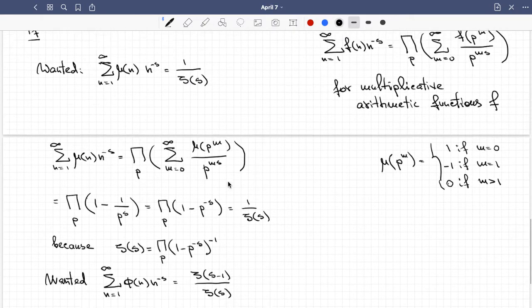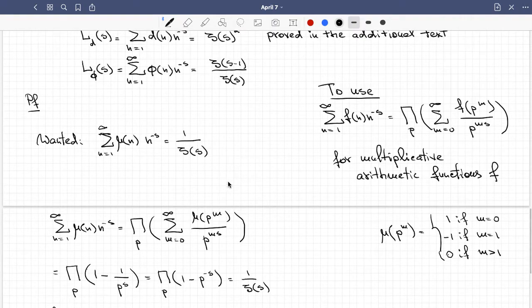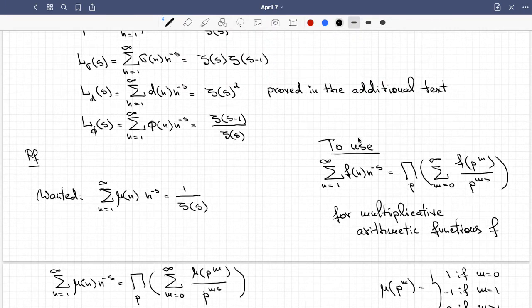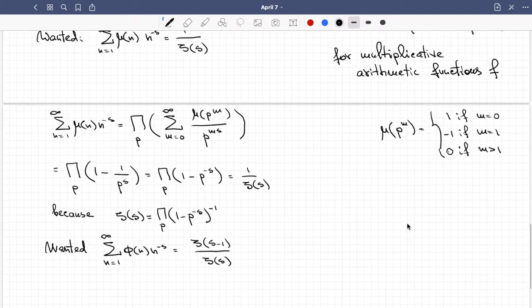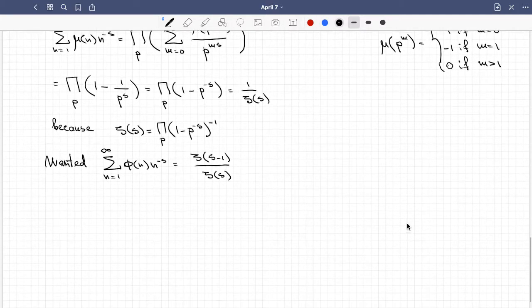We again use Euler's product, this Euler product decomposition. We can do that because the function phi, Euler's function phi, is multiplicative.